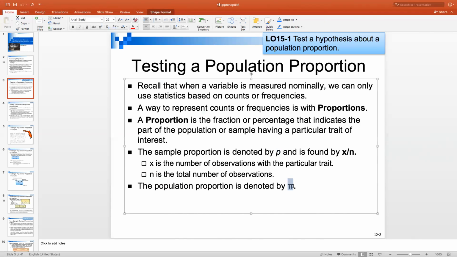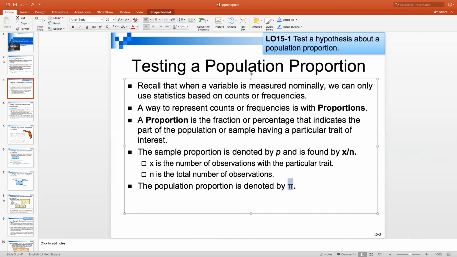Population proportion. Okay, so now we're distinguishing between a sample proportion, x over n, and a population proportion. As you know, population means that we have the entire group, and so there is something distinguishing of the entire group.